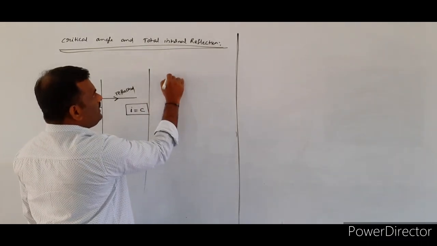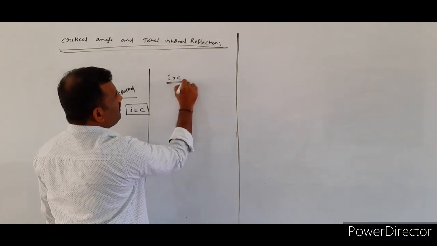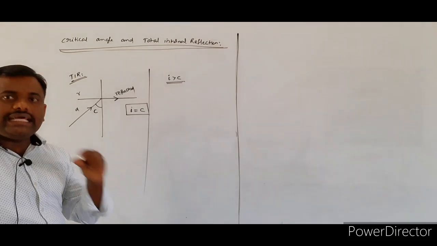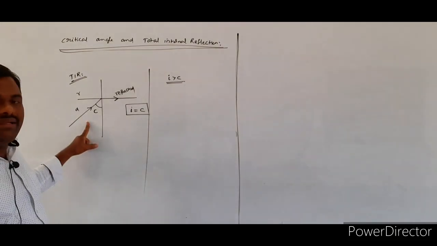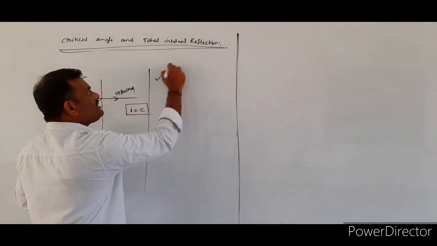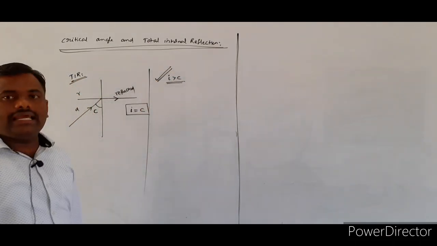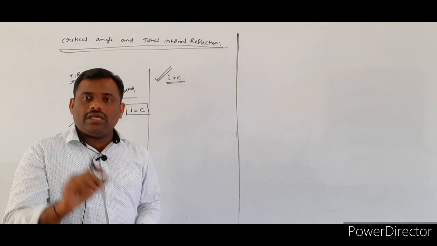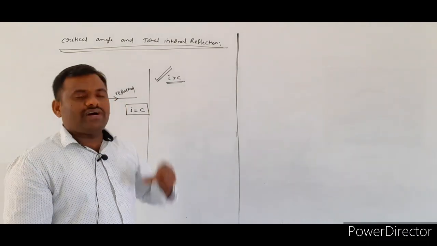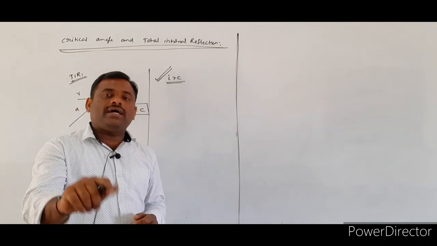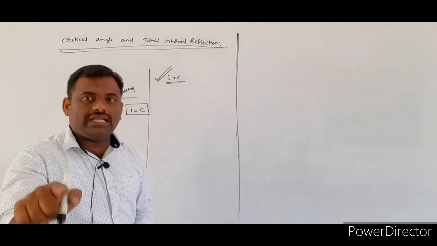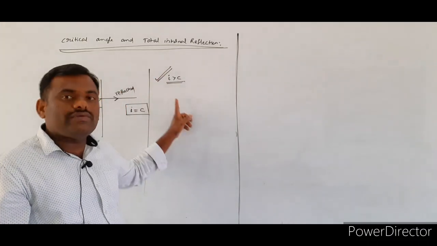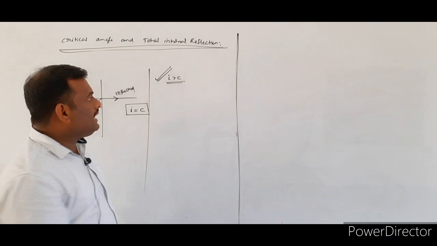Suppose within the denser medium the angle of incidence is greater than the critical angle. Suppose initially we assumed the critical angle is equal to 40 degrees. If the light is incident on the interface at 41 degrees, the angle of incidence is greater than the critical angle.